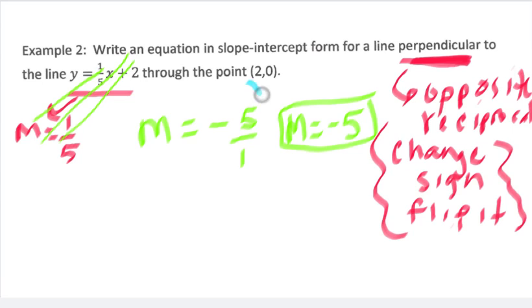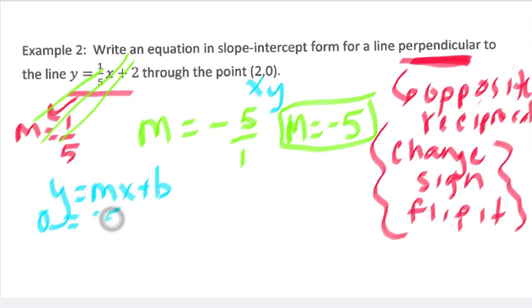So now we have our x and our y, and we need to figure out what the b is. So y equals mx plus b. We're going to do y is 0, our m is -5, and our x is 2. And then we need to find the b.